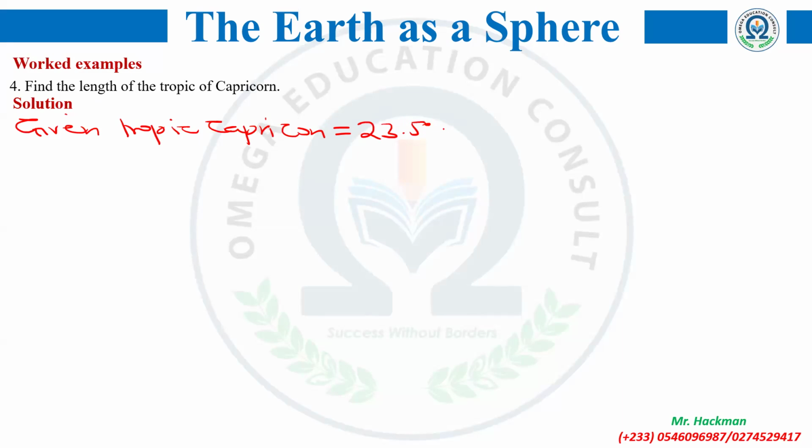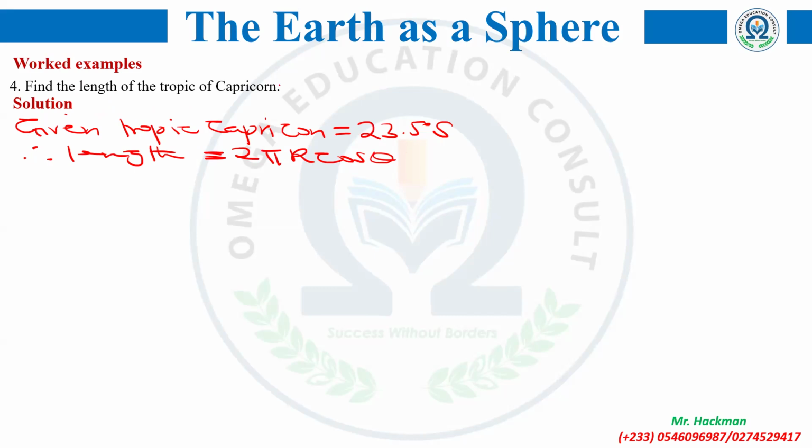South. Once you see south, you know there's a small circle. You are finding its length, so you are finding the circumference. So you write therefore, length is the same as the circumference. Its length will be equal to 2 pi small r, but small r in terms of big R will be R cos theta. So here your theta will be 23.5.